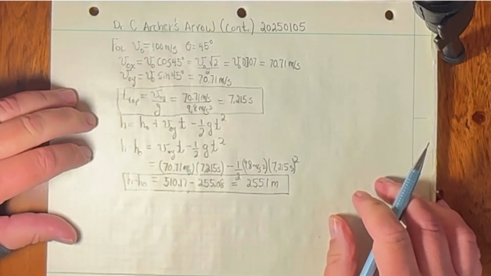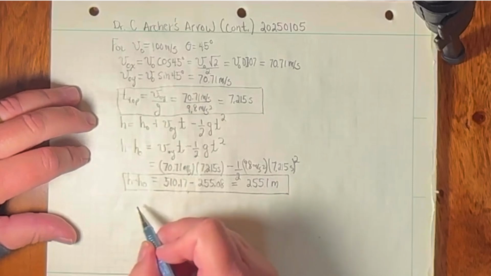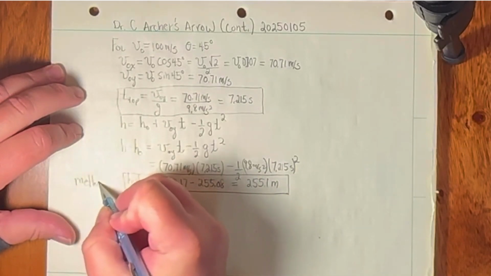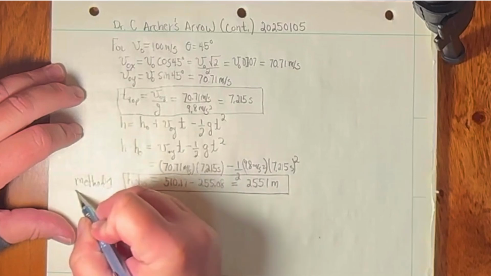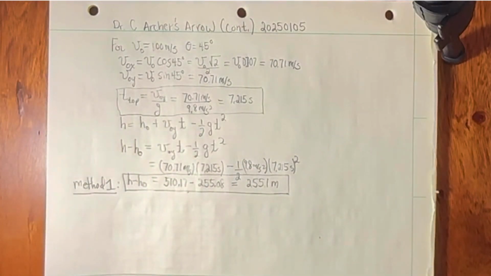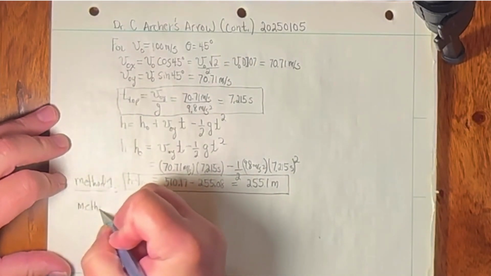What else can we say about it? Well, we can do this problem a couple different ways. We can get the height to the top a couple different ways. So this is method 1. We have different equations, so let's call this method 2.